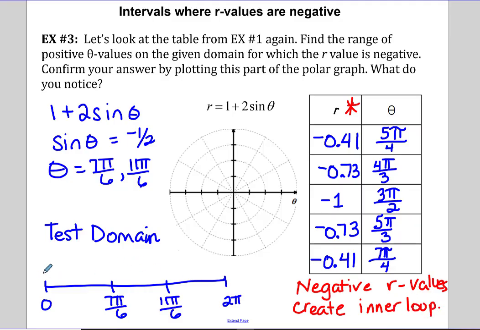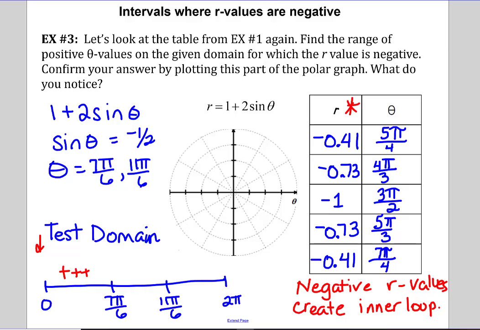Okay, so if we test the domain here with this test strip, and you test a number between 0 and 7 pi over 6, so let's say we tested pi over 2. Putting pi over 2 in our formula, 1 plus 2 sine of pi over 2, that's 1. So 2 times 1 is 2, plus 1 is 3, so we're positive.